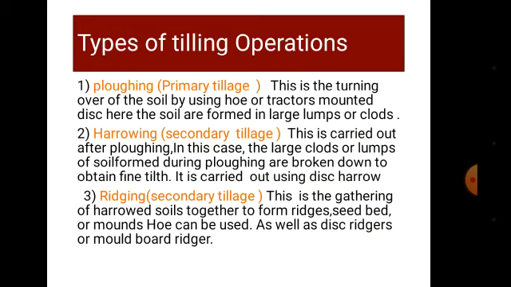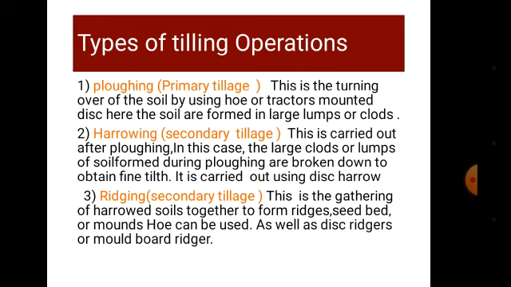Seed beds are raised above water level in waterlogged areas. 4. It helps to control erosion in steep areas by making the ridges across the slopes. 5. It makes mechanized weed control possible.